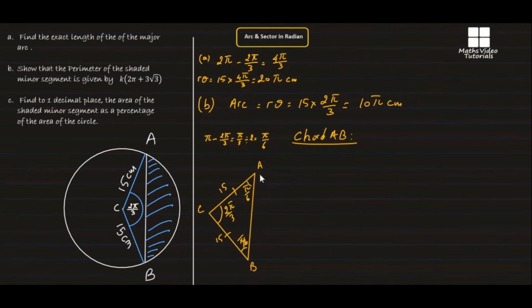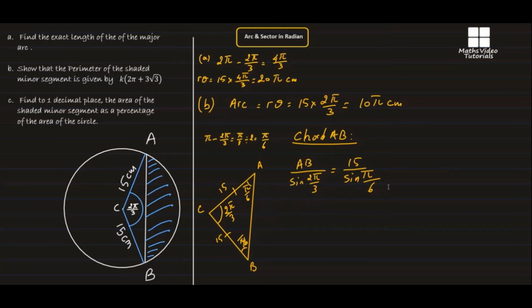We're going to say the chord AB divided by the sine of the opposite angle to it, which is 2 pi over 3, is equal to 15 over sine pi over 6.